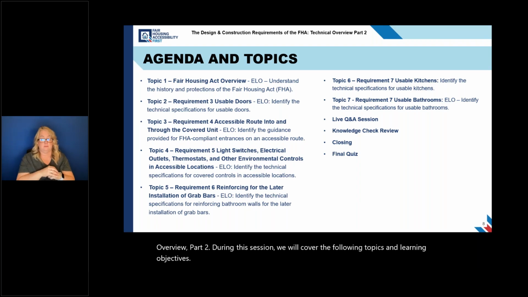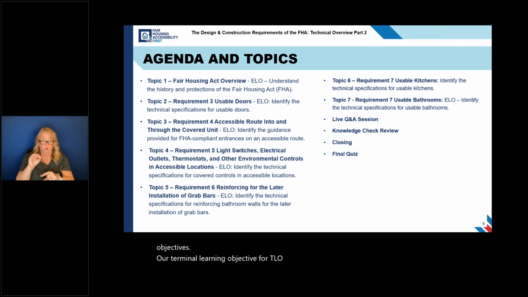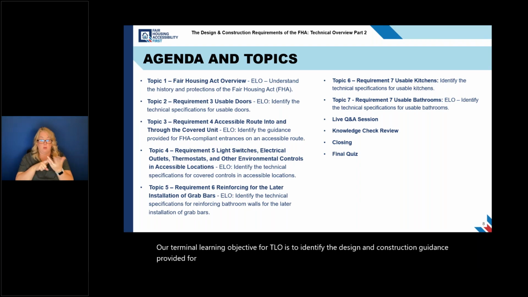Our terminal learning objective, or TLO, is to identify the design and construction guidance provided for requirements 3, 4, 5, 6, and 7 within the Fair Housing Accessibility Guidelines and the Fair Housing Act Design Manual.